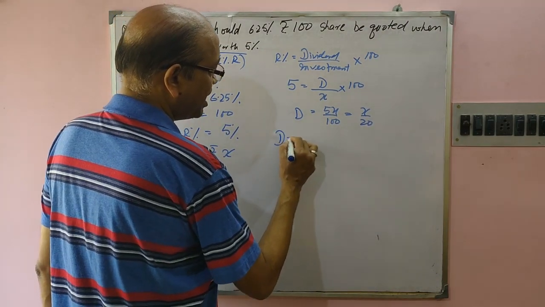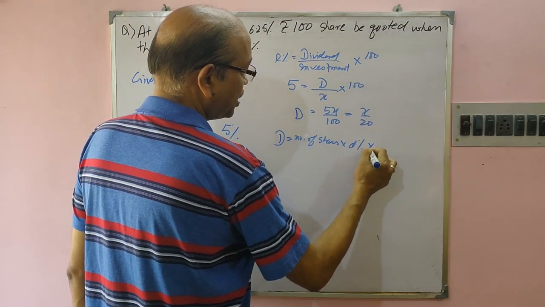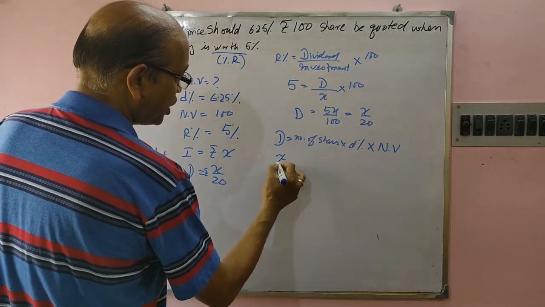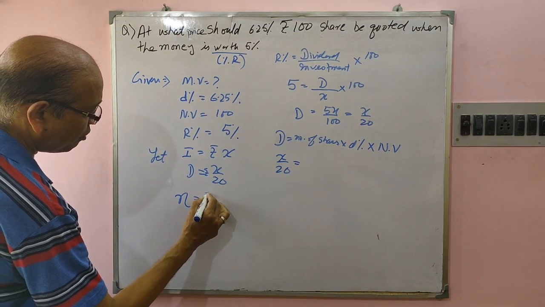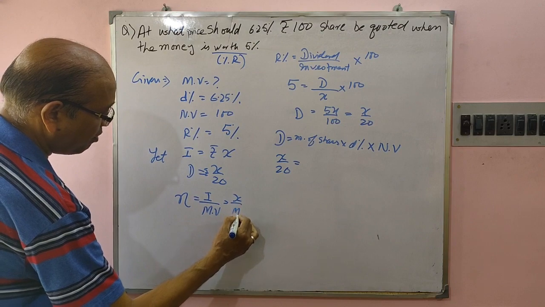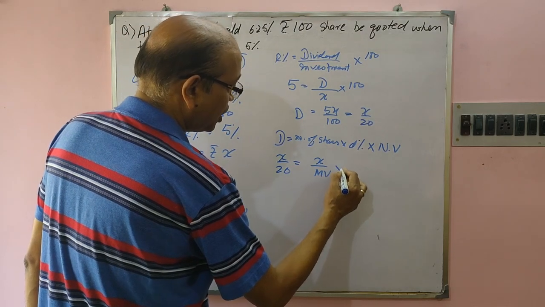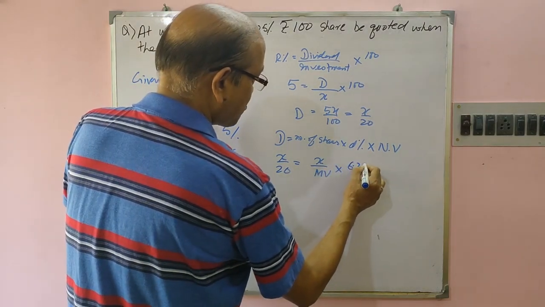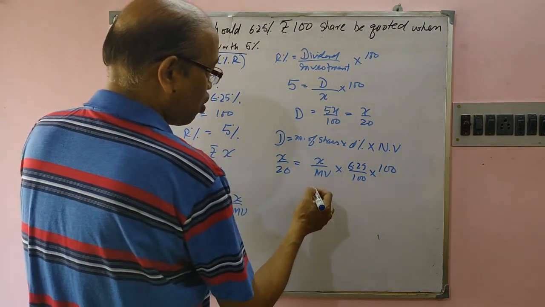Now we know dividend is number of shares into D percent into nominal value. Here dividend is x by 20. What is the number of shares? Number of shares is investment by market value, or x by MV. That is what we have to find. So number of shares is x by market value into D percent. Here not 5 but 6.25% into nominal value 100.